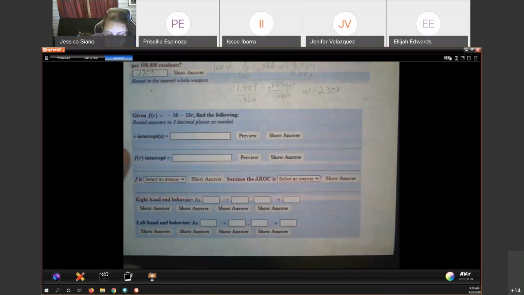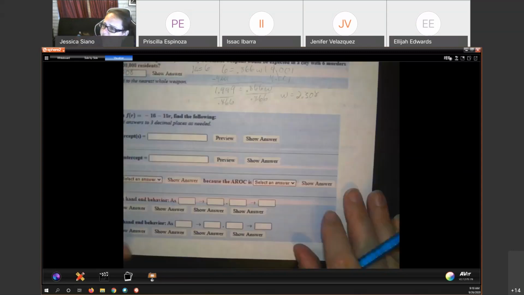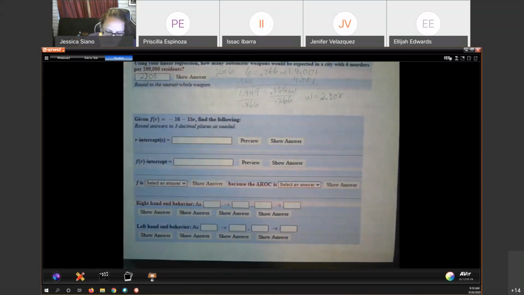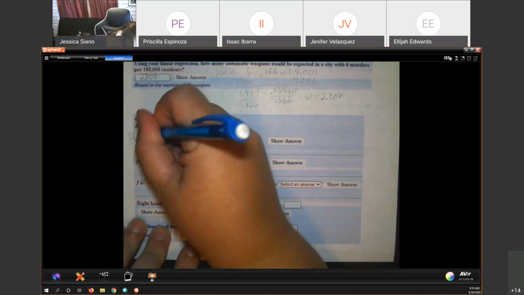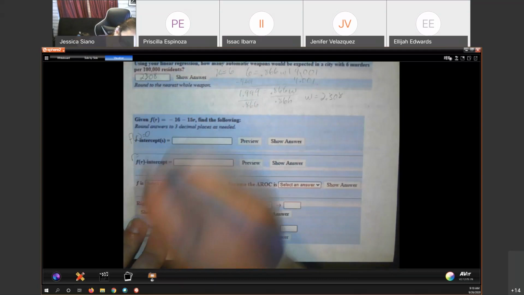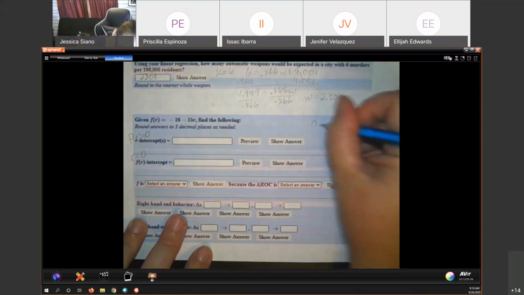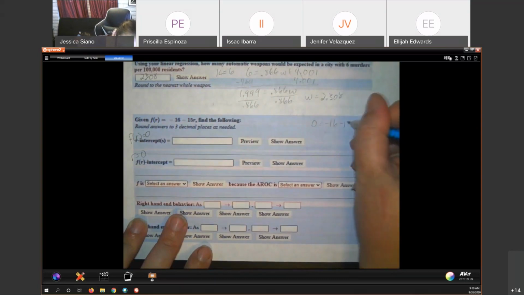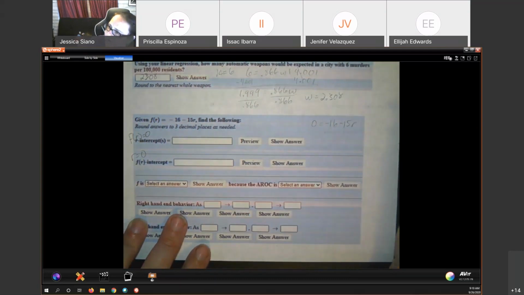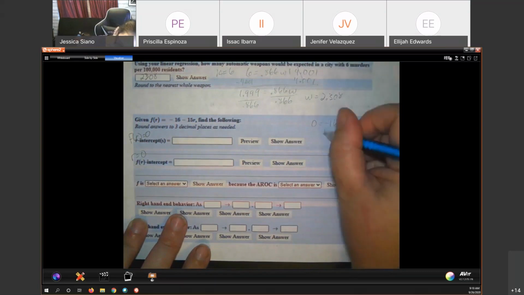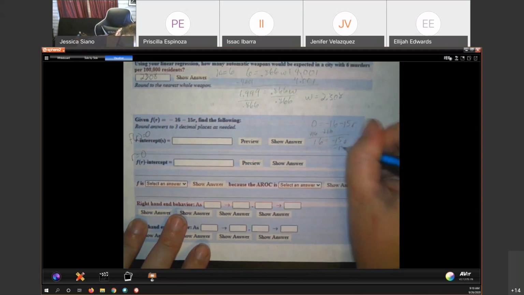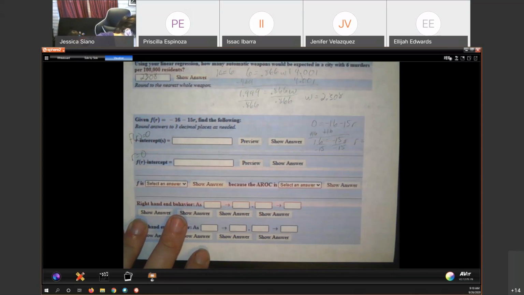And then last but not least for our test review, remember the r-intercept is going to be when f of r is 0. And the f of r-intercept is going to be when r is 0. So for this one, I'm going to say 0 equals negative 16 minus 15r. We'll add the 16. Divided by negative 15. 16 divided by negative 15.